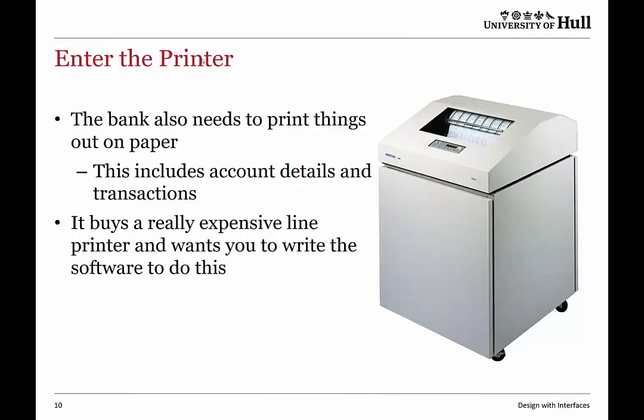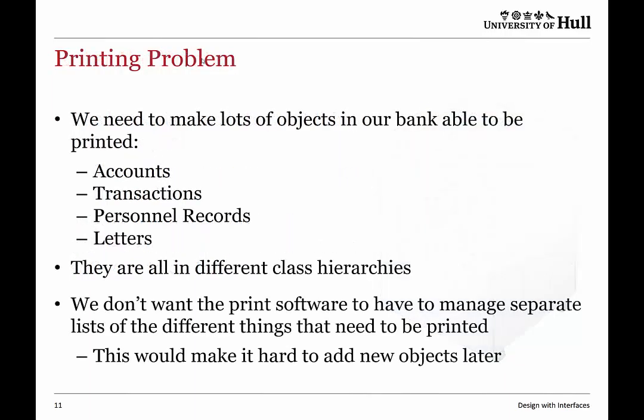This thing's supposed to print stuff. Fantastic. We want to print out accounts and transactions and personnel records and letters and Lord knows what, okay? Now, there's lots of stuff we want to print. They're all in different class hierarchies. Accounts we know about, transactions, personal records, letters, all kinds of stuff.